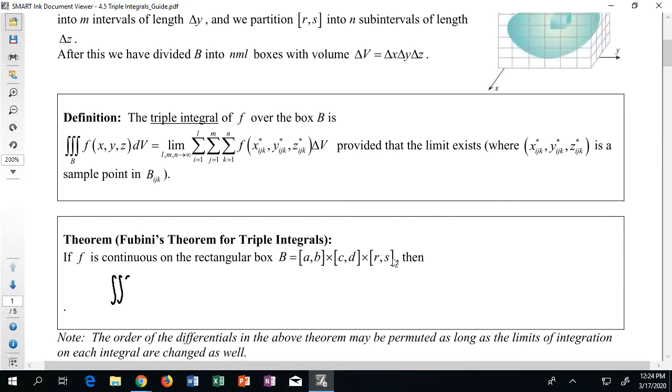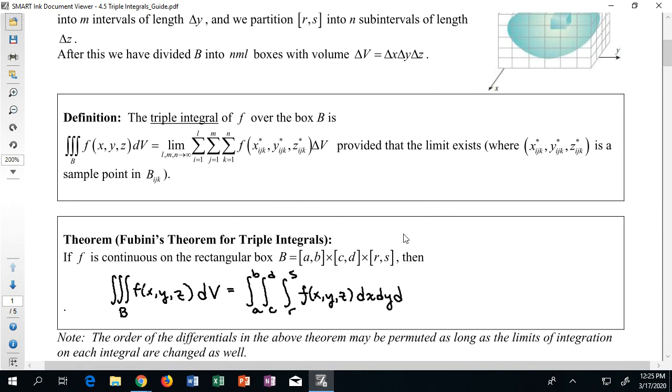And here's what it says, that if I was going to be doing a triple integral of our function, f of x, y, z, over our box, that is identical to integrating from a to b, and then from c to d, and then from r to s with our particular function. So this is actually going to look exactly like how we set up a double integral with an iterated integral. We have this new triple integral version of an iterated integral sitting here.